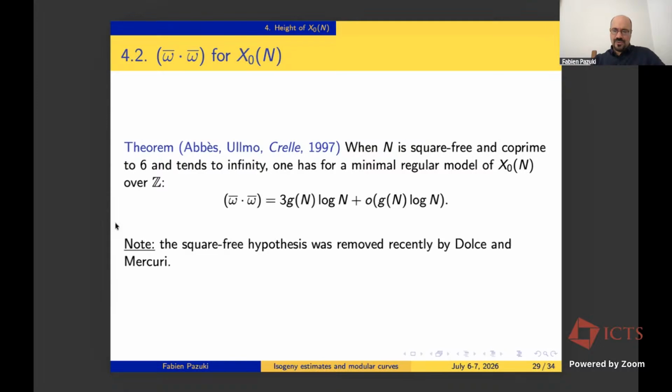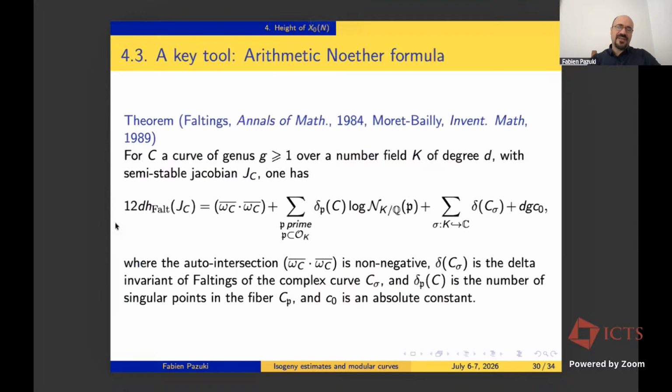Good. As I hinted, and maybe some of you know already, the two are linked, omega square and Faltings height. I take one slide to mention this because it's actually a very important feature. If you have a curve with a semi-stable Jacobian, so this is not always achieved on the base field, you can always find a semi-stable model, but you might need to extend your base field.